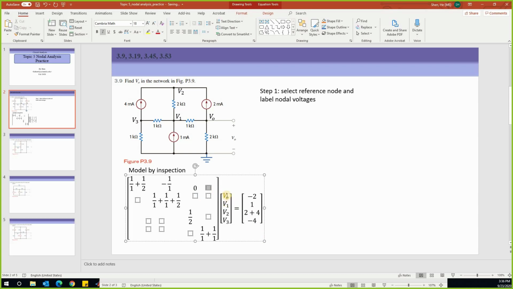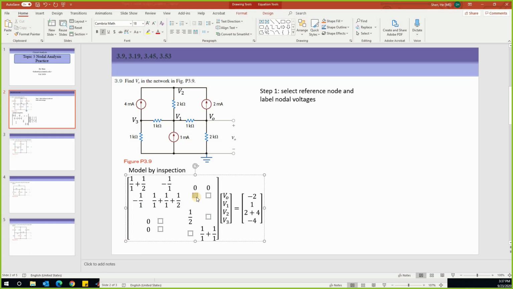And this one is between V0 and V3. V0 and V3, there's no direct branch connected between the two, so that is 0. We also know that this matrix is symmetric. This is a -1 over 1, and this will be 0, and this is 0.